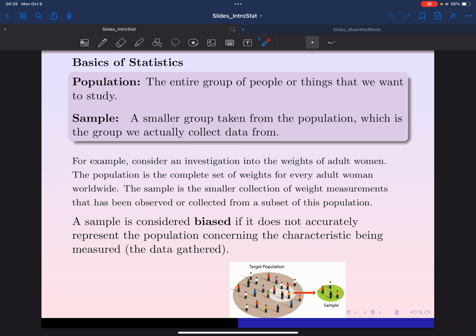So population would be everything that we want to study, and then we take some subset of people and let's call it the sample. A sample is considered biased if it does not accurately represent the population concerning the characteristic being measured from the given data.